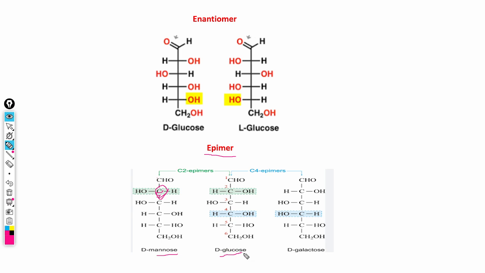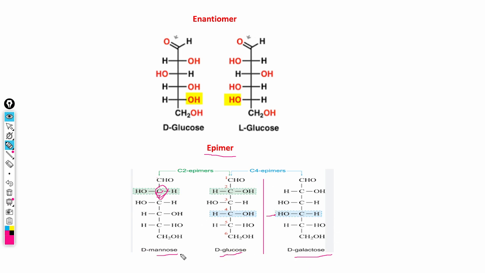Like that, if you see glucose and galactose, they differ only by this carbon 4 group. That means in the carbon 4 group, the OH and the H are reversed. So glucose and galactose are epimers at the C4.